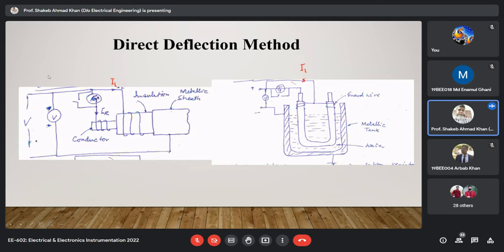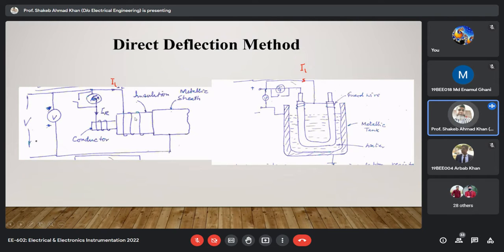I tried to show you the guard arrangement here. The leakage current will flow through this, and it will return through the sheath, and your conduction current will also flow through the insulation, not through the surface.